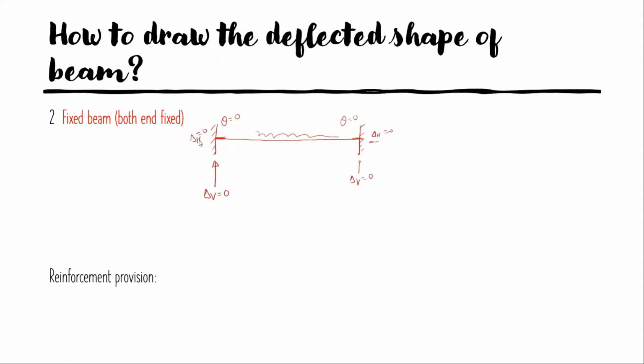So here no displacement at this point, and here also no displacement at this point. So displacement is 0, slope is also 0. So we will go somehow in this manner, that it will deflect in this situation so that its displacement as well as slope become 0.